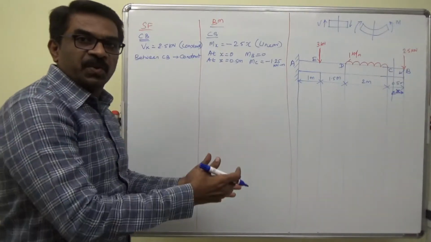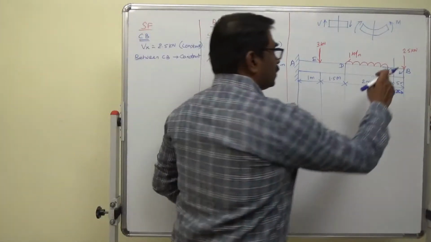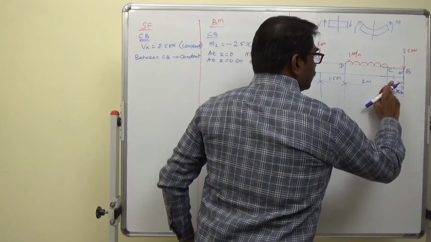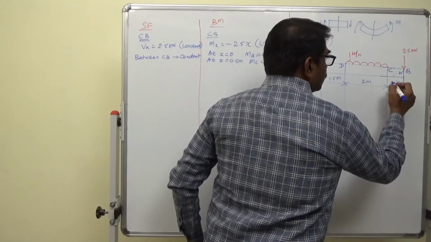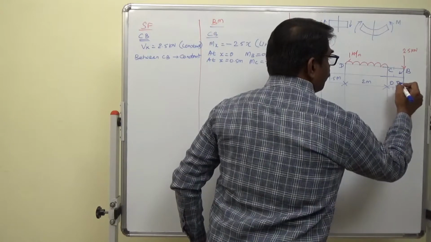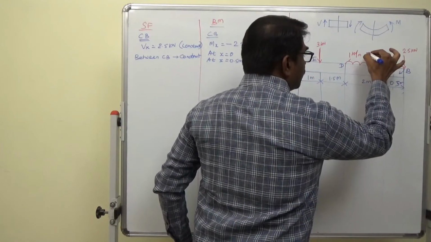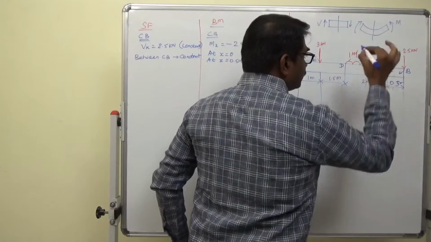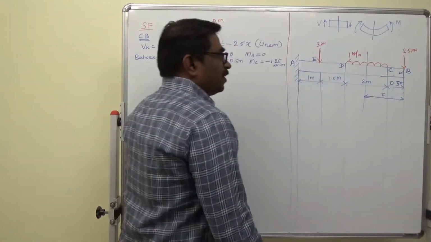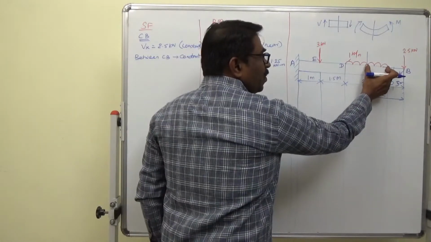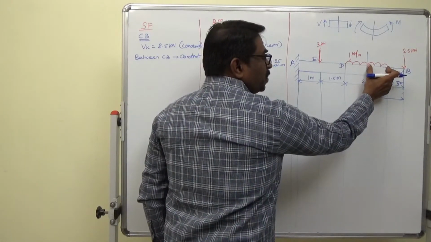Now let us move on to the second segment. I will take this x from 0.5. I am passing a section here at X. Now this UDL load has to be changed into a point load.